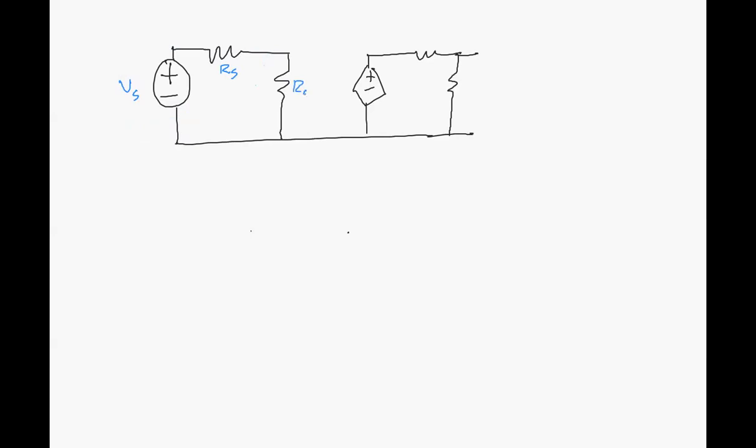Regardless, we have an input resistance, we have a voltage controlled voltage source with the input voltage over here. And we have an output resistance and an output voltage. And we could look at either side of this. We could look at either the input side or the output side.